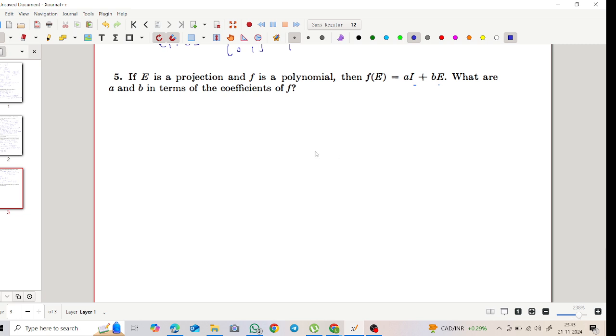Okay, so let's do it. So suppose first of all we notice one thing, that if E square is E, then E to the power i is E for any i.